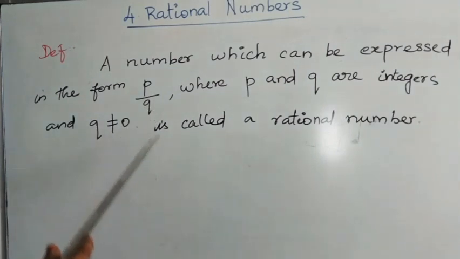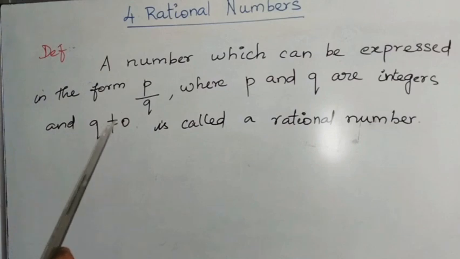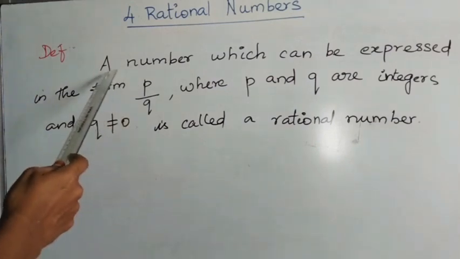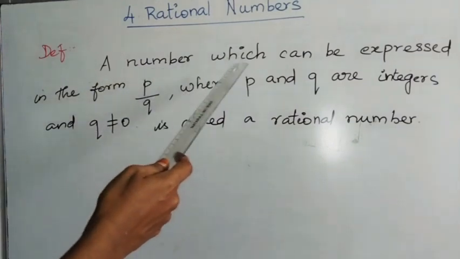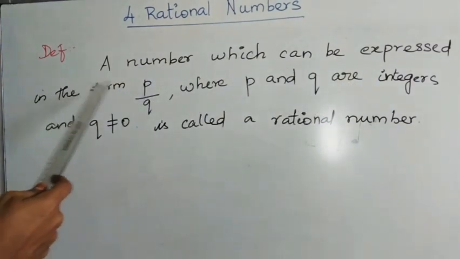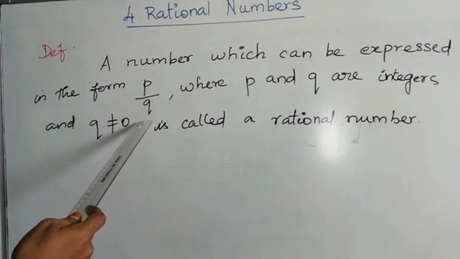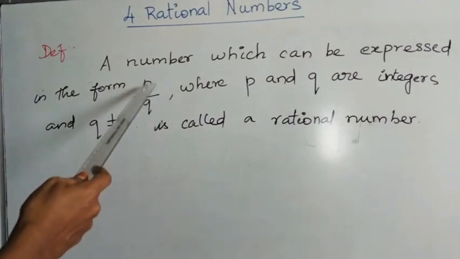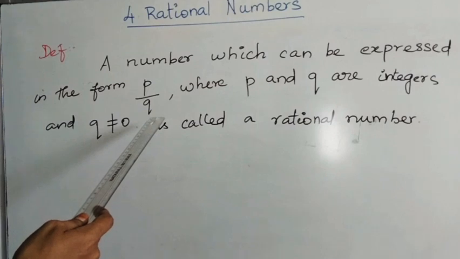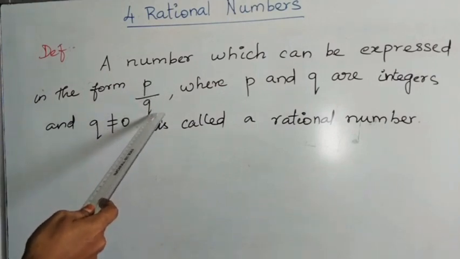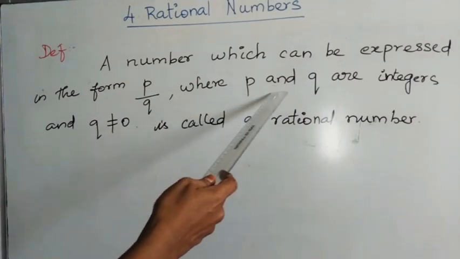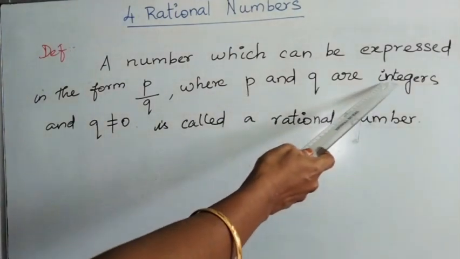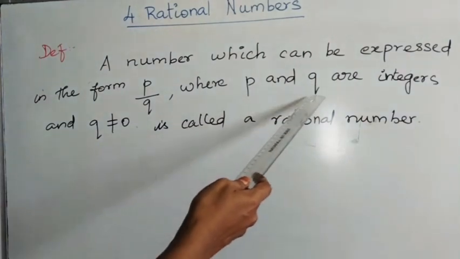Okay, so we have to first see the definition of rational numbers. What is the definition given? A number which can be expressed in the form of P by Q. It is a fraction form. In this P by Q, what is the condition given? Where P and Q are integers.